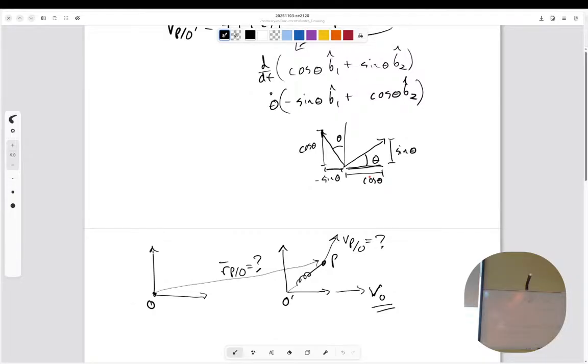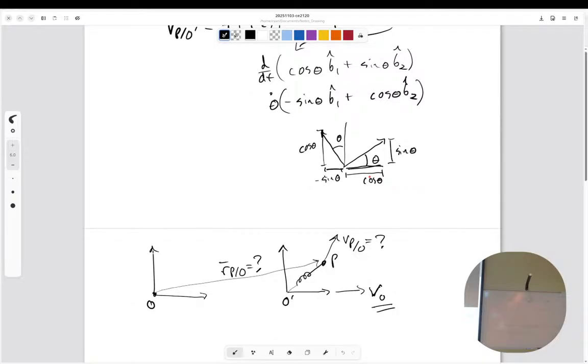Yeah, you can mix and match coordinate systems, and that's okay. I mean, basically the same, right?